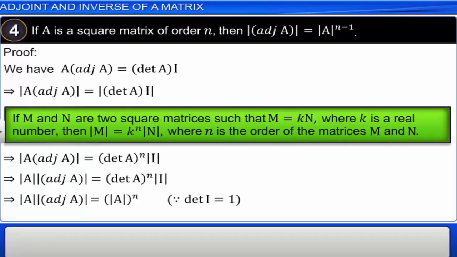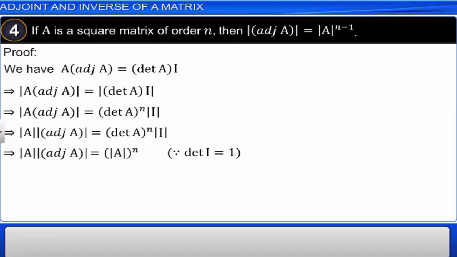This implies that determinant of A into determinant of adjoint of A is equal to determinant of A raised to the power n. On dividing both the sides by determinant of A, we get determinant of adjoint of A is equal to determinant of A raised to the power of n minus 1. Hence the result.